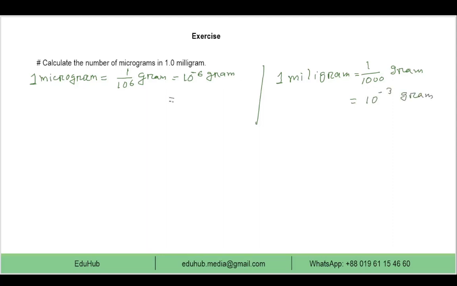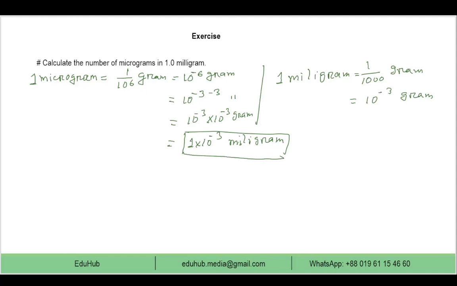We can write the number 10 to the minus 3 gram as 10 to the power minus 3 into 10 to the power minus 3 gram. That means it is 1 into 10 to the power minus 3 milligram. So this is our answer.